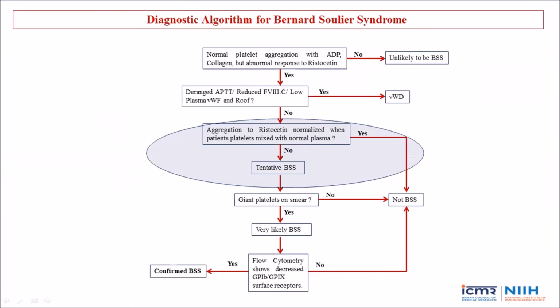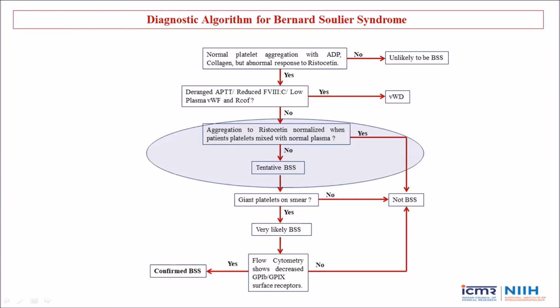Now, this is the algorithm for Bernard-Soulier syndrome, the deficiency of the GP1B9 receptor. The platelet aggregation with ADP and collagen is normal, but there is a deficiency of ristocetin-induced aggregation. Obviously, if that is not the case, then it is not Bernard-Soulier syndrome.